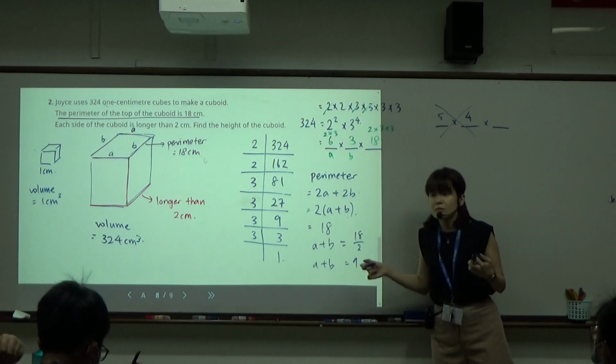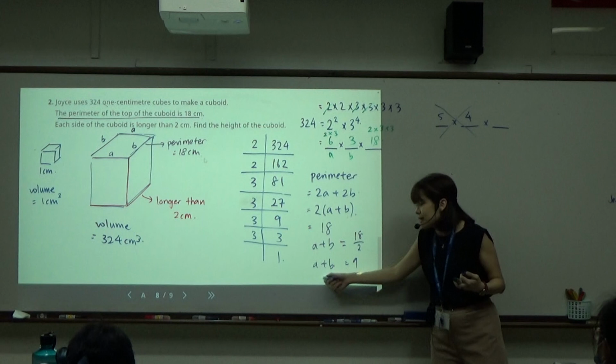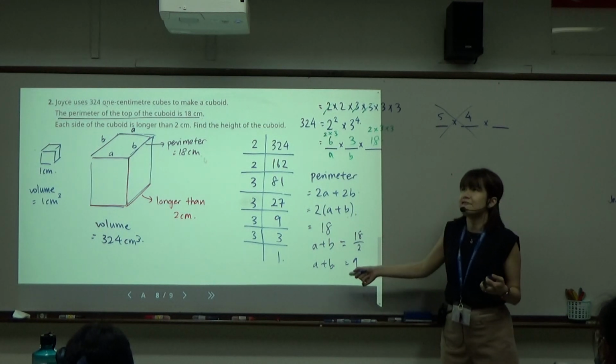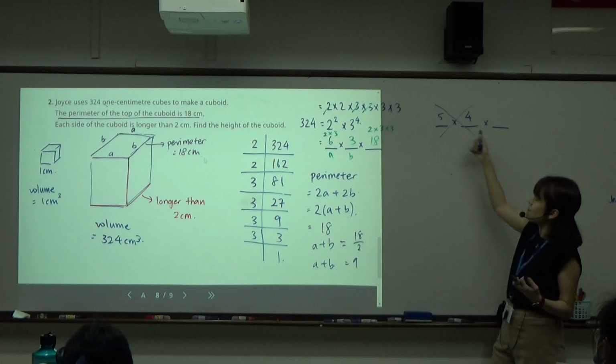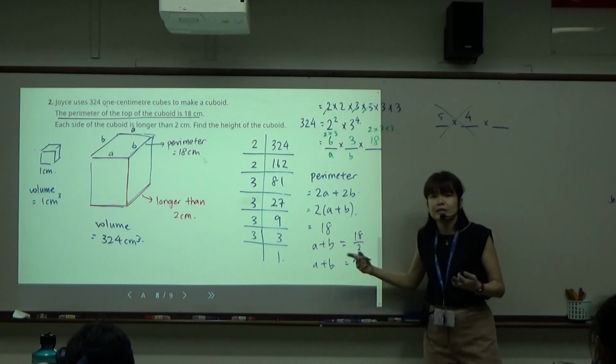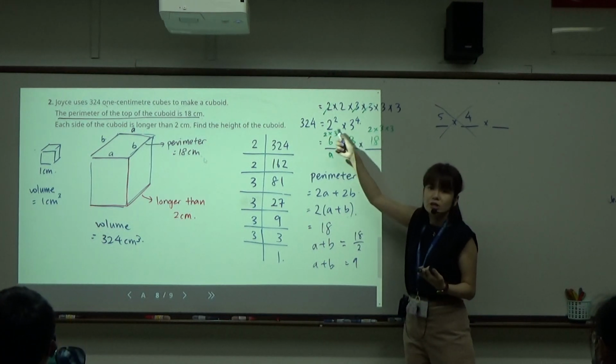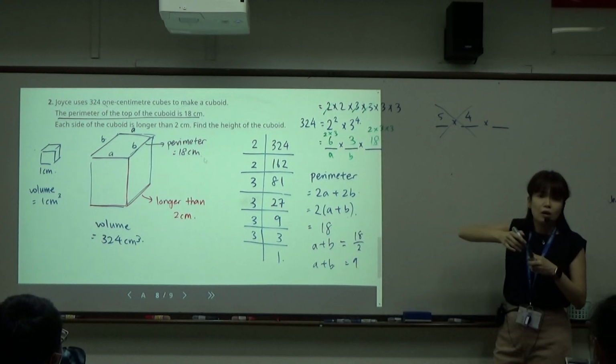Right? Any questions? Okay? So you will notice that if I go and find every other combination, let's say other than 6, 3 and 5, 4, maybe I want 1, 8. 1 and 8 itself doesn't allow me to have 1, 8 because of this 2 squared times 3 to the power of 4. Okay?